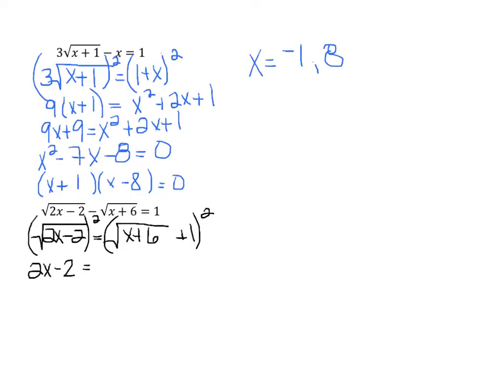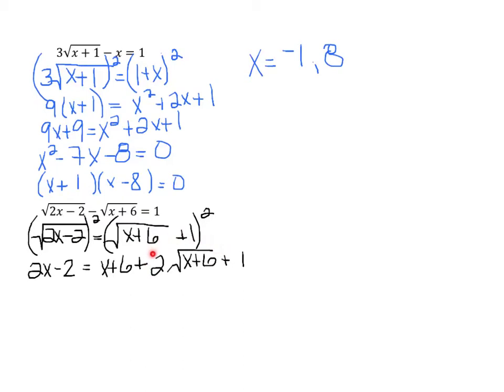Remember, it's a plus b squared, so that's just x plus 6, plus 2ab, so that's going to be 2 times the square root of x plus 6, plus b squared. So our next step is to isolate this radical term because we're going to have to square this one more time.